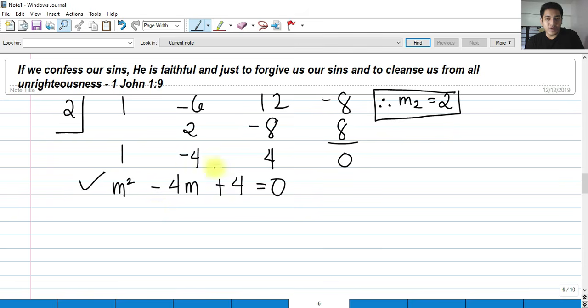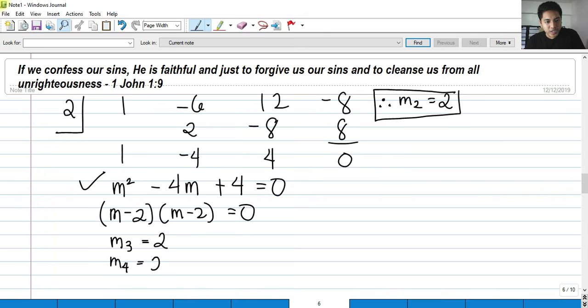And by this, we can simply factor this out. So we have m minus 2 multiplied by m minus 2. As you can see, we have another root, m sub 3, which is 2. Another root, m sub 4, which is 2. So we have already solved the 4 roots.